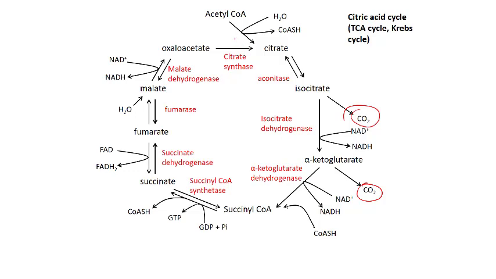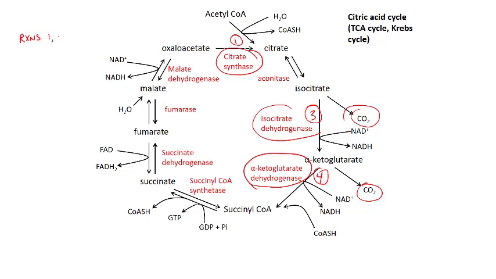Those are reaction 1, catalyzed by citrate synthase, 3, catalyzed by isocitrate dehydrogenase, and 4, catalyzed by alpha ketoglutarate dehydrogenase. Notice that reactions 1, 3, and 4 are the 3 irreversible steps.